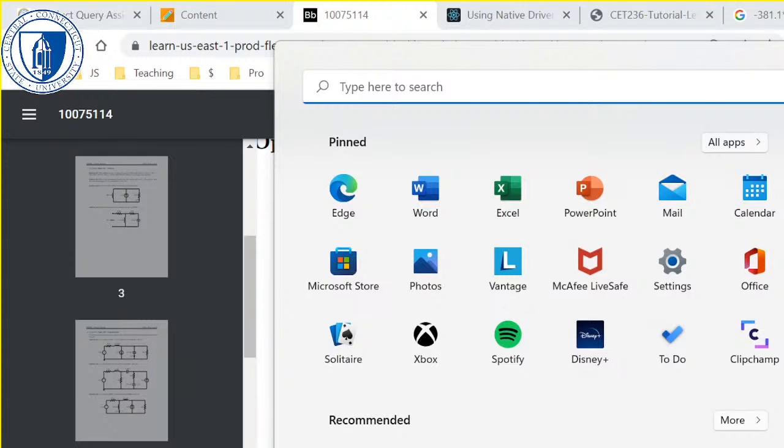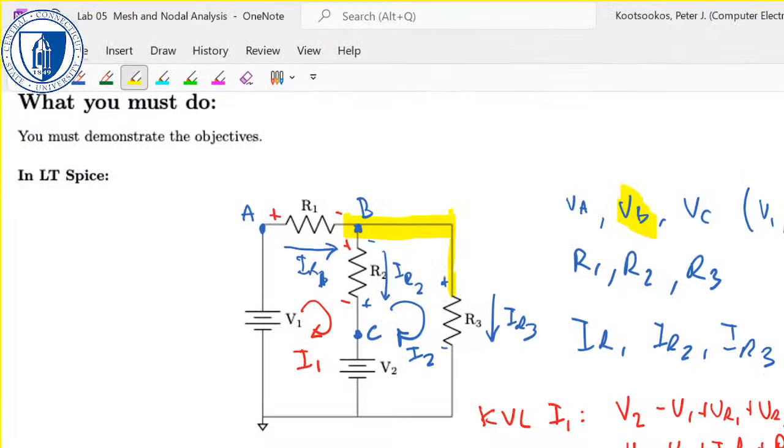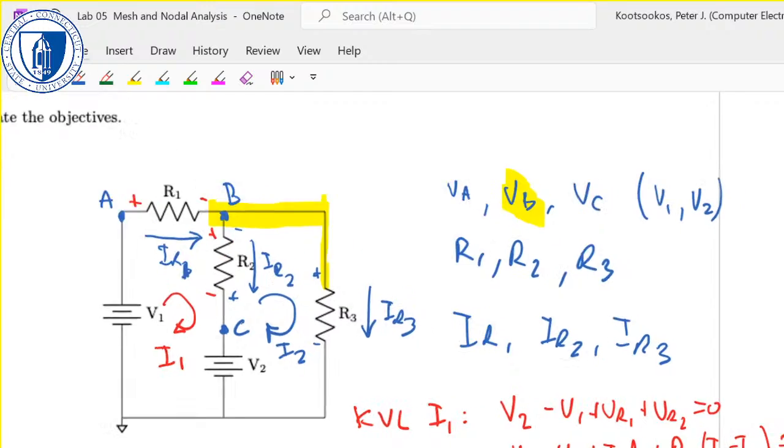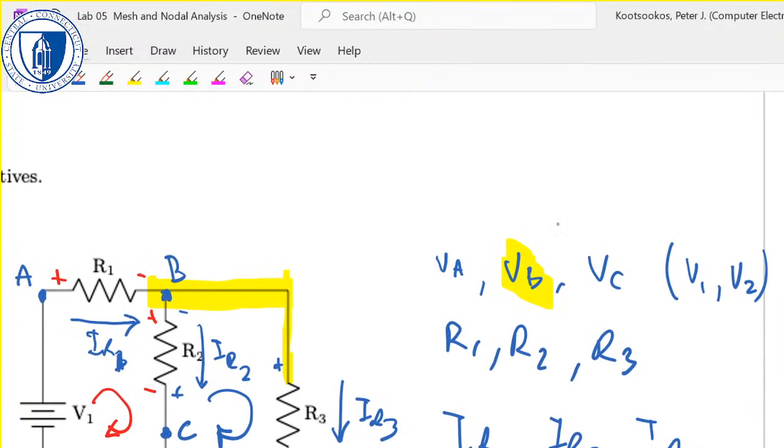Just show you why I did that. I'm obviously hitting something. So VB is really VR3, which is equal to R3 times I2.